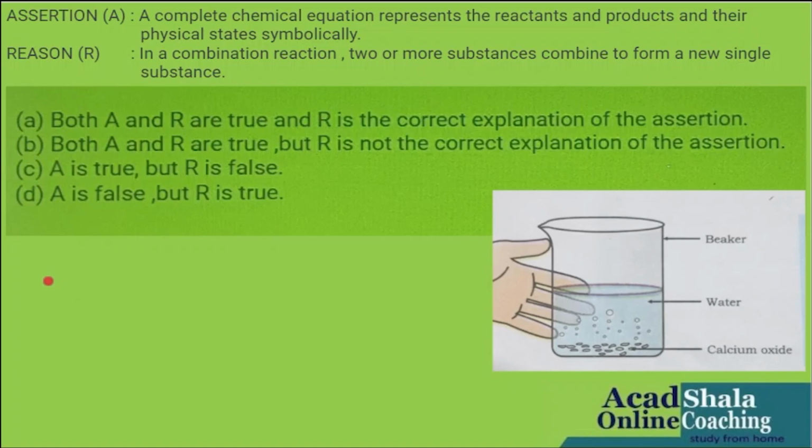For example, the one shown in the picture over here: calcium oxide, which is solid, reacts with water, which is liquid, gives you calcium hydroxide, which is aqueous.